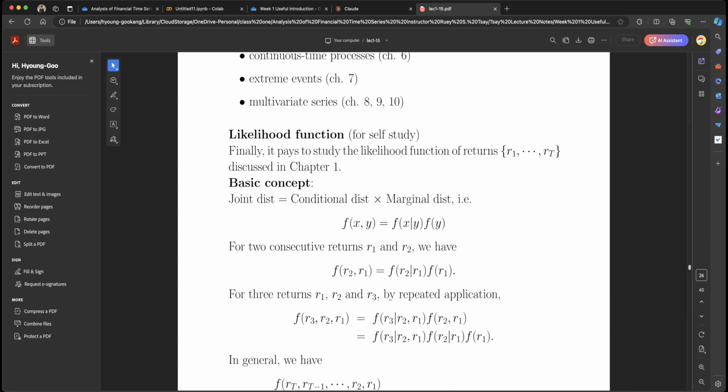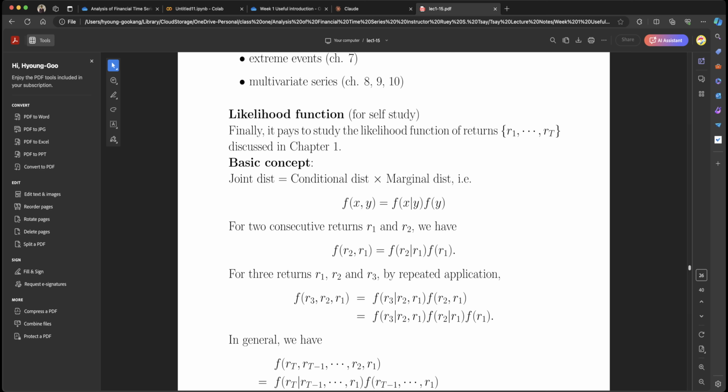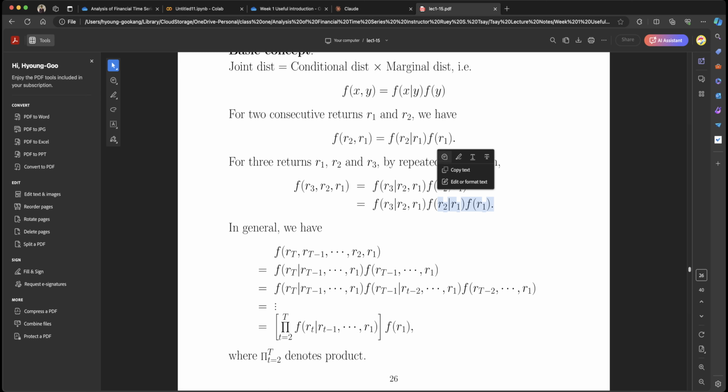That's the joint distribution. What if we have three returns, three observations, R1, R2, R3? Then we can just say conditional on observing R1 and R2, we can describe the distribution of R3 like this one. Of course, R2, R1 like this one. In general, therefore, if we have this one, we can decompose it this way.